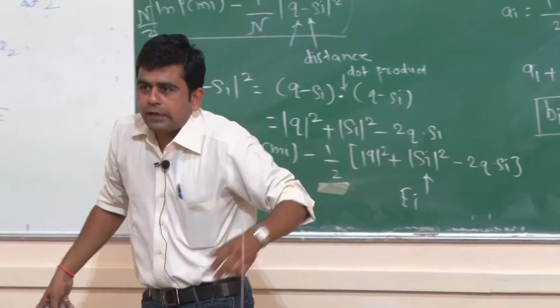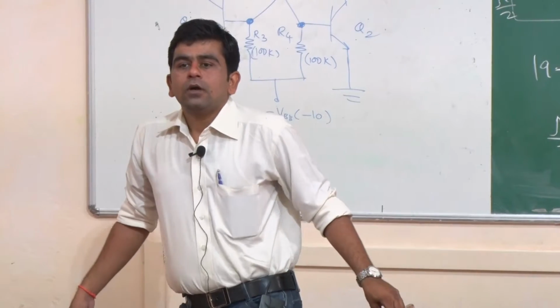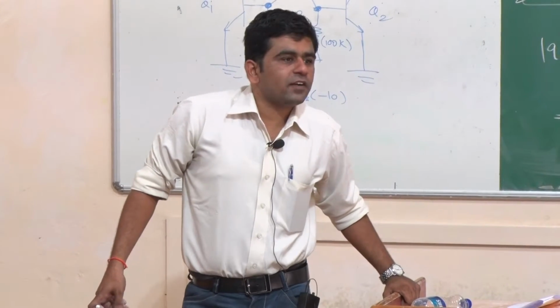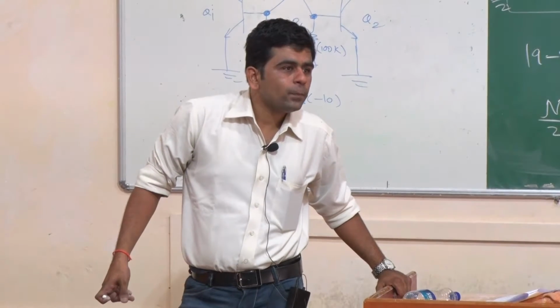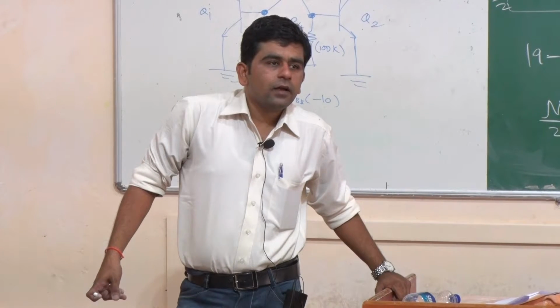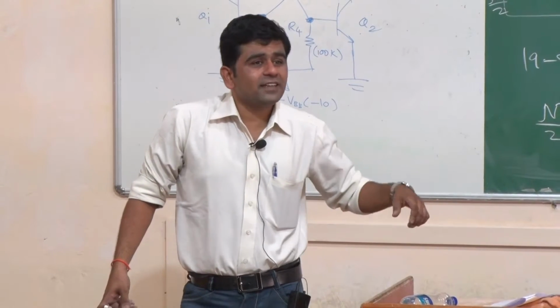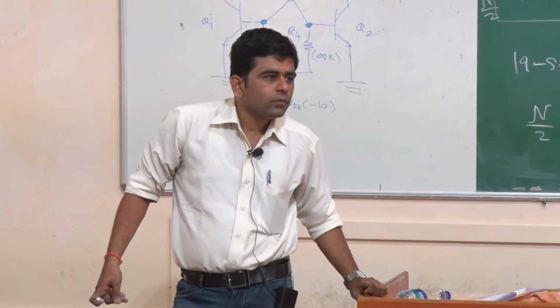From your transmitter we must know the probability of all symbols which are transmitted. When they are equiprobable, then this probability is given by 1 by M. When they are not equiprobable, then we assign different probabilities to different symbols.